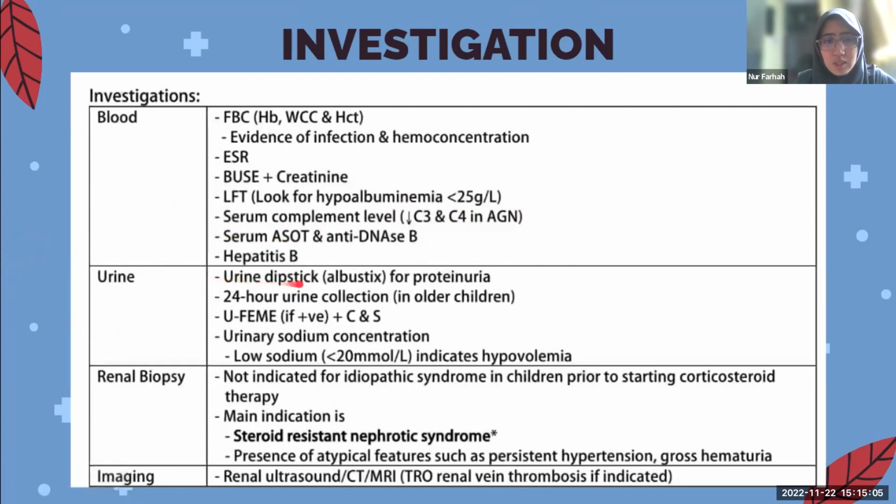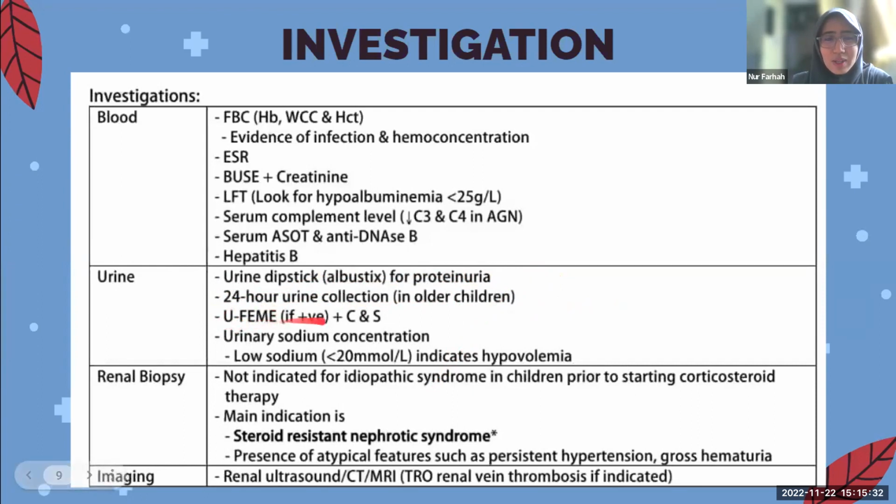So urine dipstick for proteinuria. If the result comes in at 2+ or 3+ and above, it can be evidence of persistent proteinuria. Then we look for 24-hour urine collection, and usually it is done in older children. The one here which is UFEME stands for urine full examination microscopic examination.